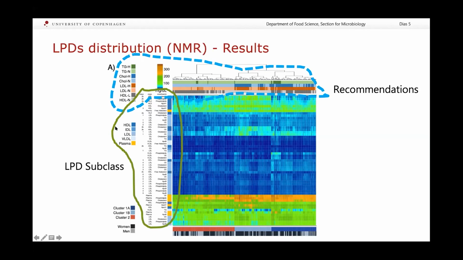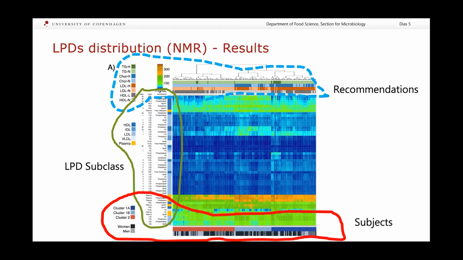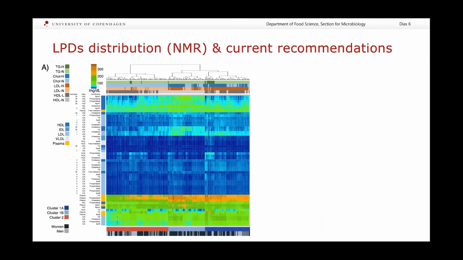If we look to the left side, these are the different lipoprotein subclasses or species that we may have within, for example, HDL or LDL or VLDL and so on. And somewhere here we have information about the different phenotypes where the individuals may cluster according to the different profiles they have.